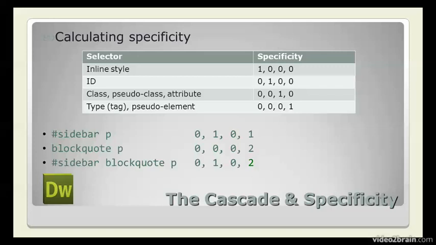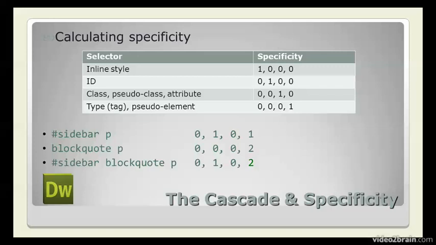So the ID gets a value of 1 in the second group, and the P gets a value of 1 in the fourth group. The second one is a descendant selector with two type selectors, so that gets a value of 2 in the fourth comma group. And the final one, you've got an ID and two type selectors, so you get 1 in the second comma group and 2 in the fourth comma group.